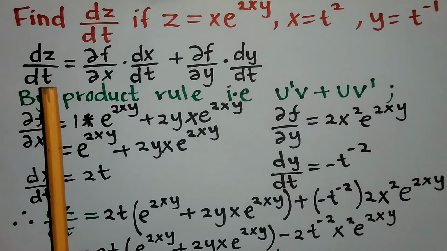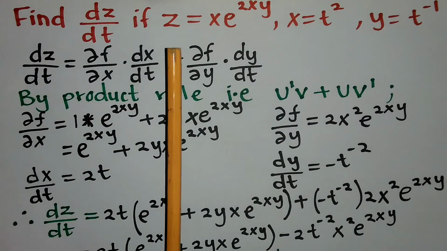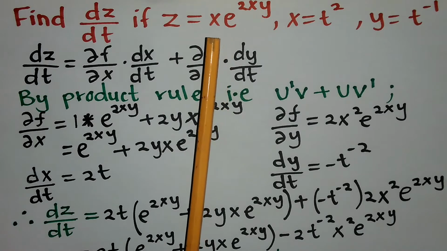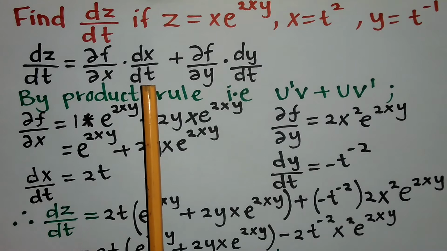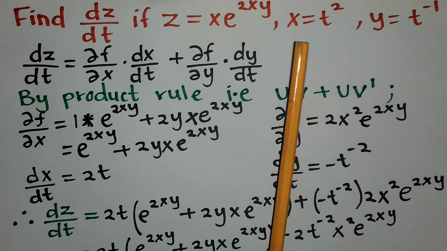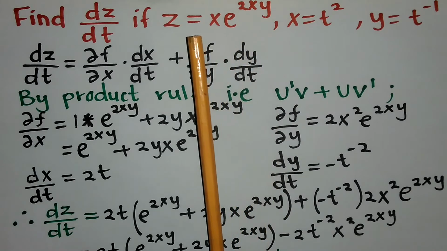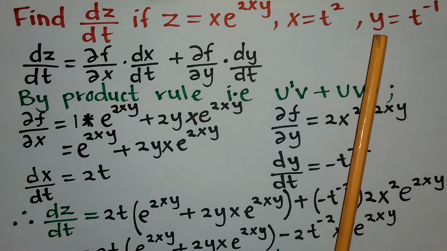The derivative of z with respect to t will be given by the derivative of the function with respect to x multiplied by dx over dt, plus the derivative of the function with respect to y multiplied by dy over dt.